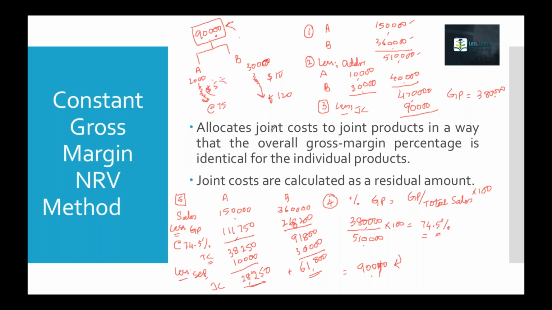You should calculate like this. A little lengthy calculation, but it's a fair calculation. Just calculate total sales, deduct additional costs, and you will get gross profit. Deduct joint cost, and calculate gross profit percentage. Remove gross profit from the final sales, and you will get the total cost, which includes additional cost as well as joint cost. You know additional cost individually, so deduct them. You will get joint cost.